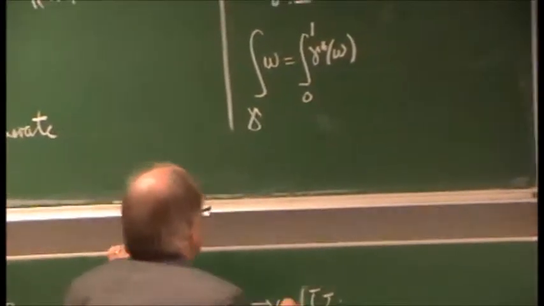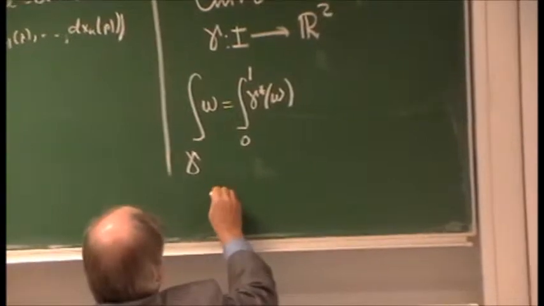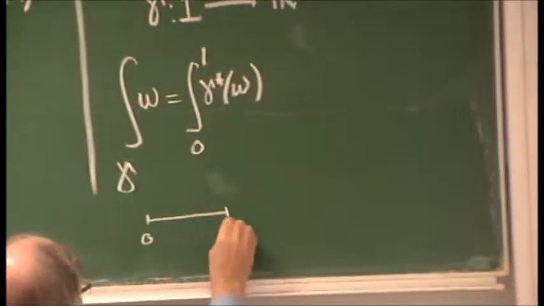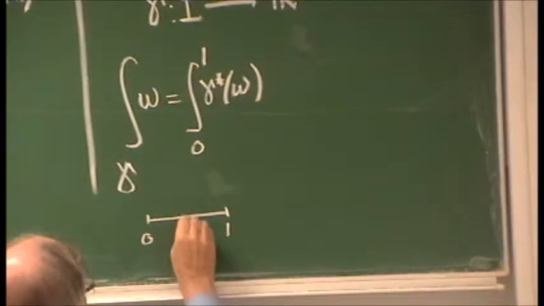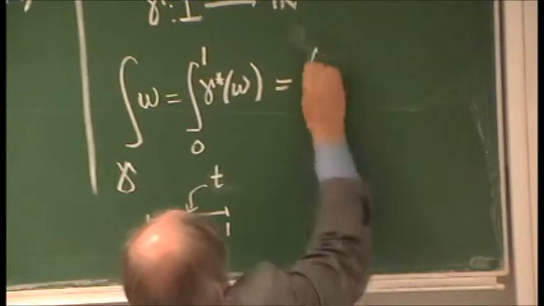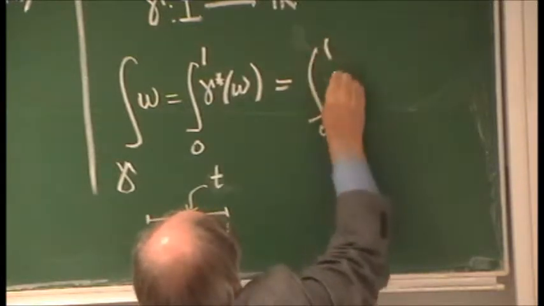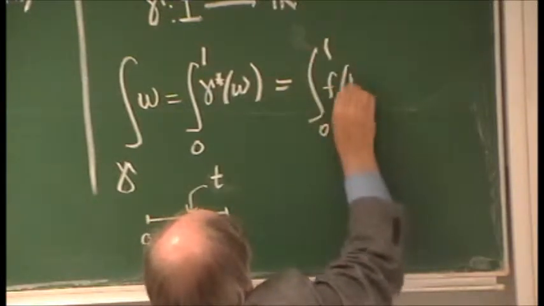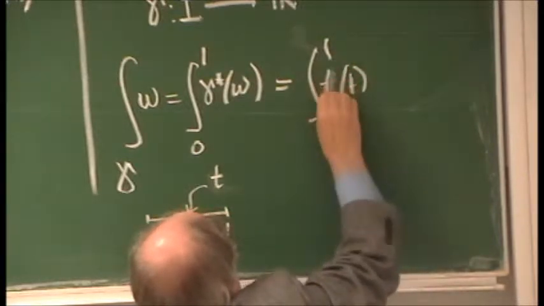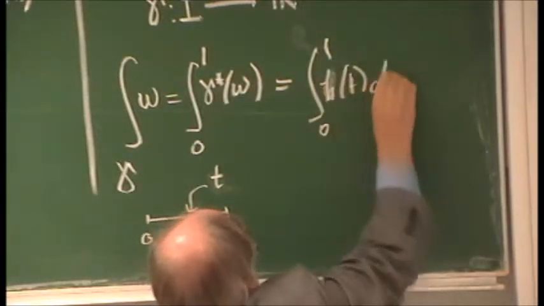Now the question is, if the parameter on this interval from 0 to 1 is t, then this will be the integral of some function, let me call it h, to be consistent with the last lecture, h of t dt.